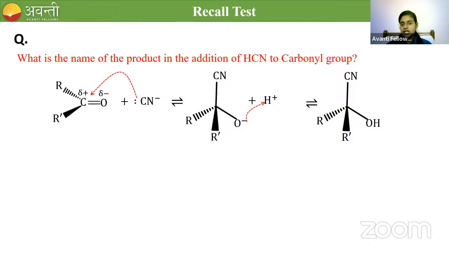We are taking a ketone or aldehyde, and this is the addition of HCN to the system. So cyanide is getting added. Then on hydrolysis, we are getting one compound which has CN group and OH group. I told you one name for the compound which has CN group and OH group. Can anyone give me the general name of the final compound?